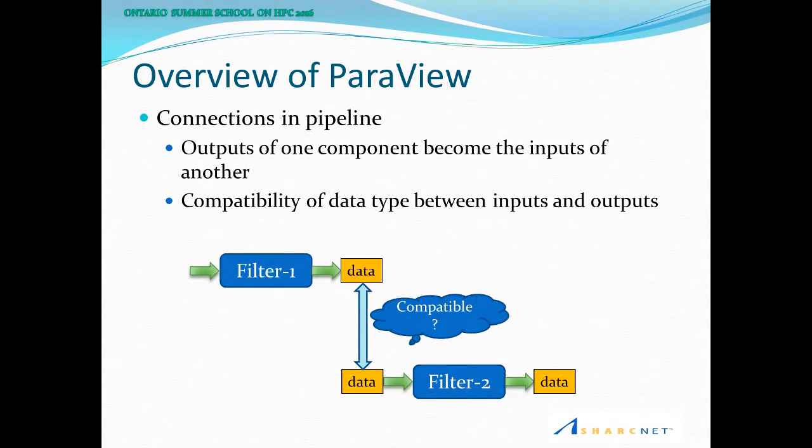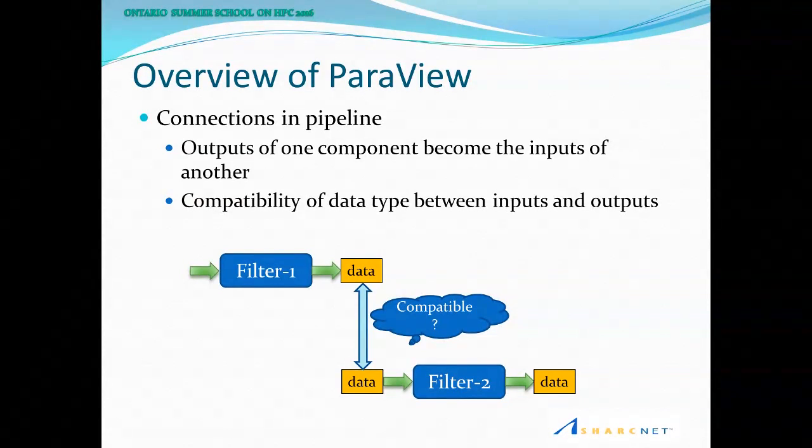And there's a question then, when you try to connect filter 1 with filter 2, is the data compatible? In ParaView, you don't need to worry about this. The reason is that ParaView takes care of it.